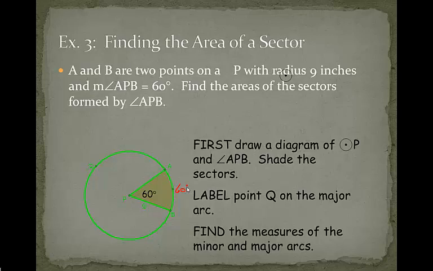Let's start with the minor arc: we would do 60 over 360 times pi r squared. r is 9, so 9 squared is 81, so it would be 81 pi. Put that in your calculator, and that will give you the area of this sector.